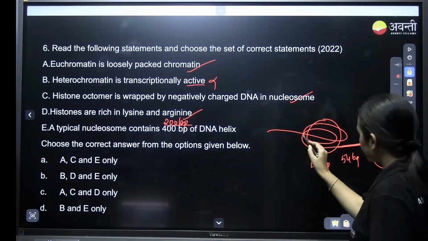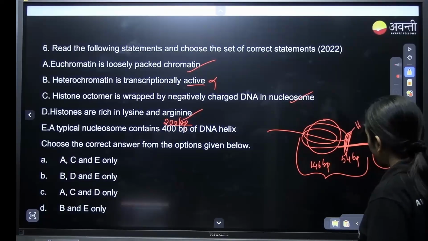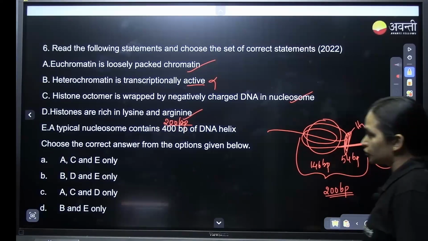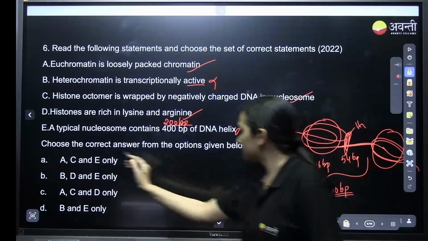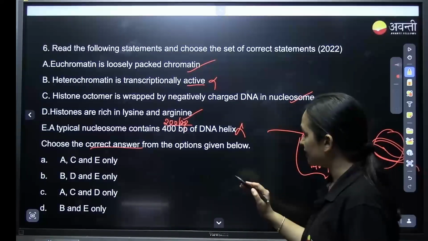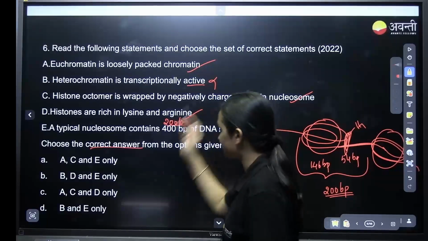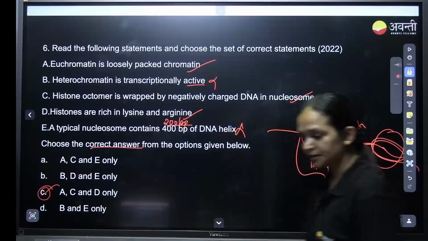So totally from here to here, if it is one nucleosome and the H1 is here, it will be 200 base pairs, not 400. So this is wrong. We need to find the correct answer. So it is A, C and D. C is the correct answer. Any doubt?